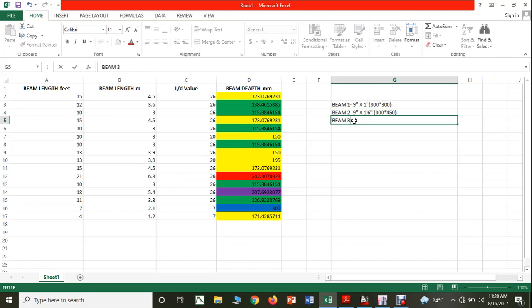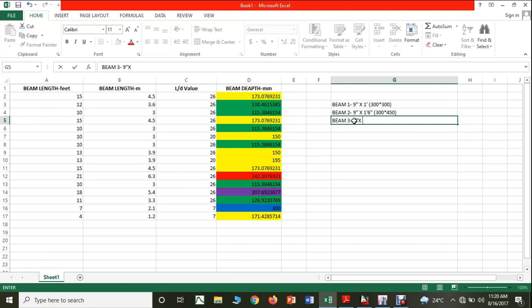Then I will make one more beam, beam 3, of the dimension 9 inch by 500 mm. That is 19.6, almost 20 inches.